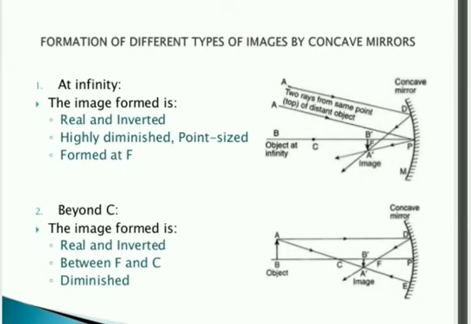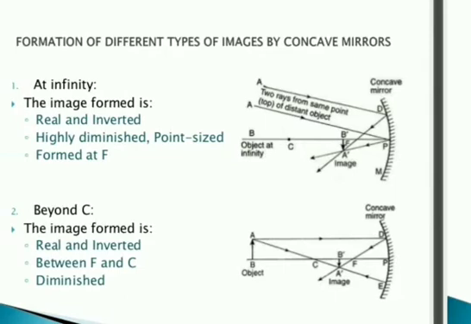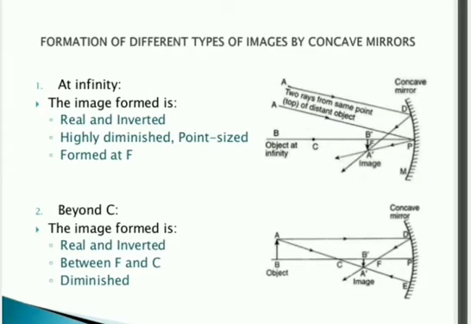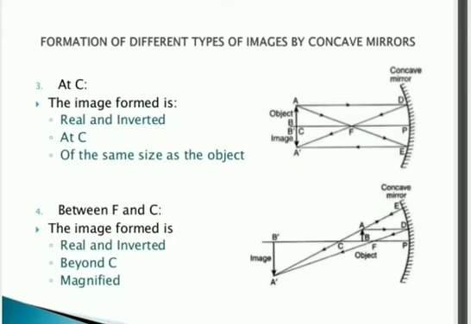Then if we talk about the case when we keep the object beyond C, real and inverted image will be formed, and it will be between F and C. Diminished image will be formed. At C, in my previous video also I have told that if we keep the object at C, then the height of object will be equal to the height of image.